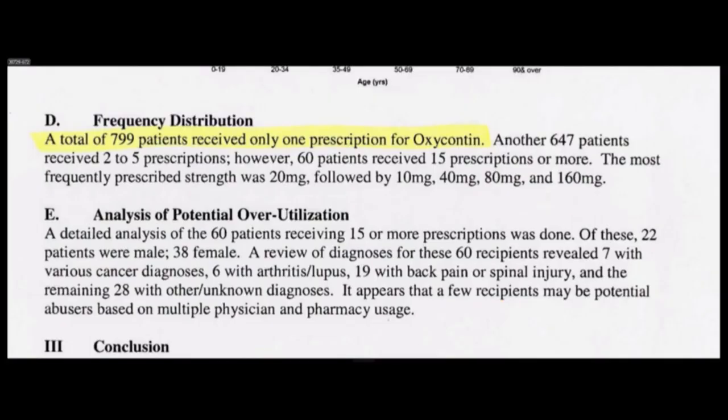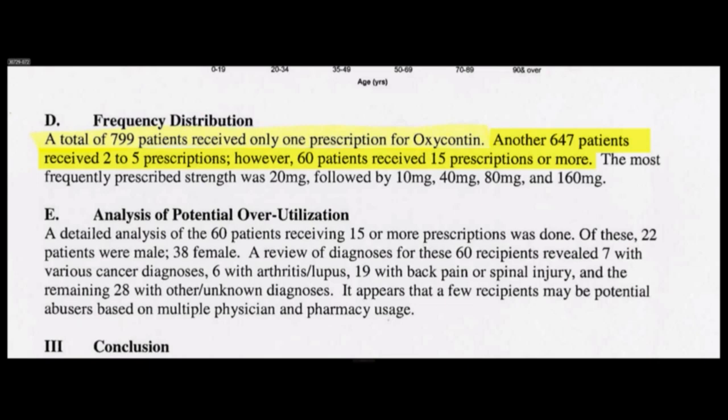So we see frequency distribution is one of the things that was highlighted by the College of Pharmacy, right? It appears to be. And what they observed in their utilization review with respect to OxyContin was that while 799 patients received only one OxyContin prescription, 647 received 2 to 5, and 60 received 15 prescriptions or more, correct?